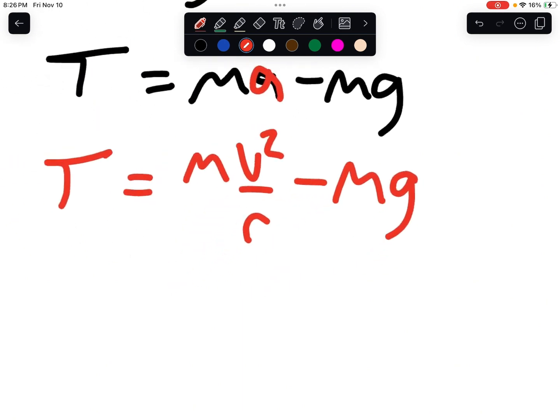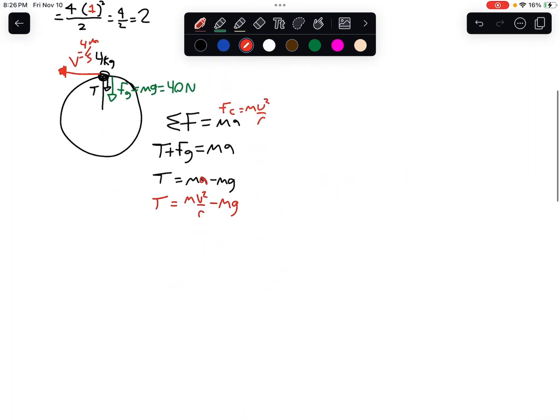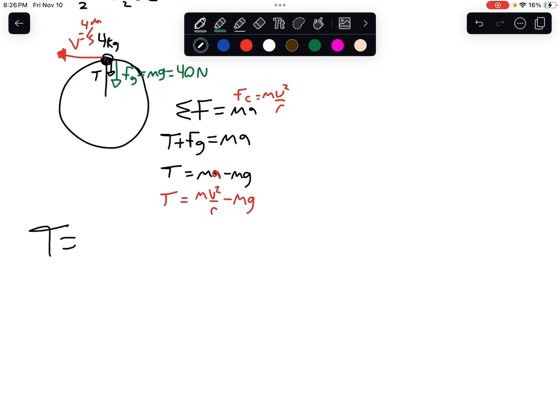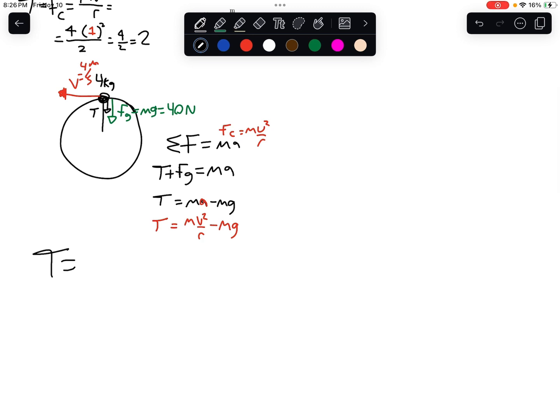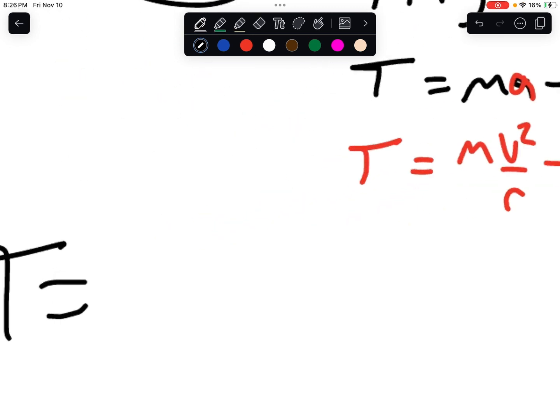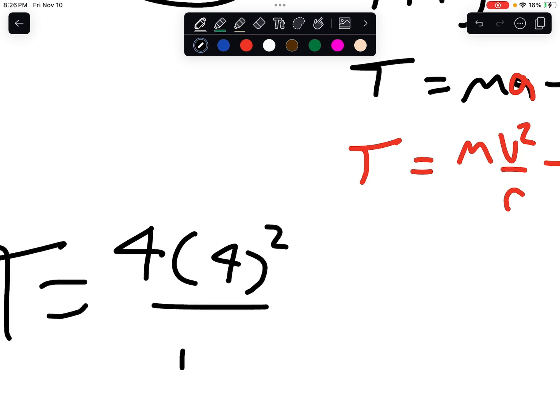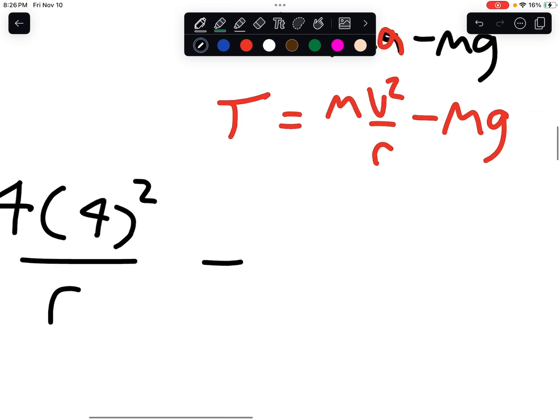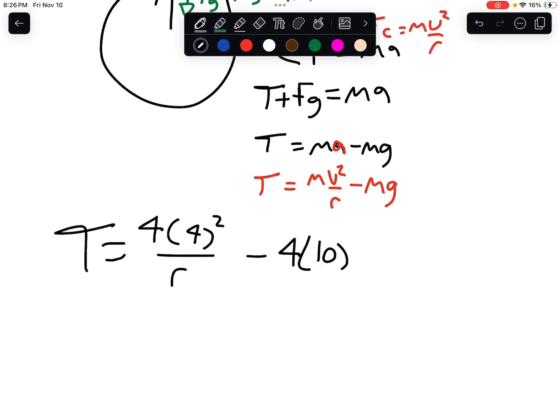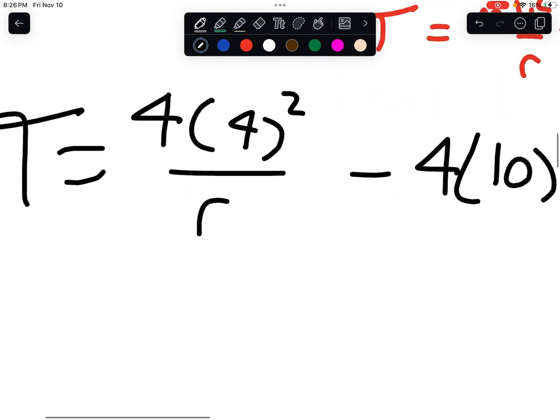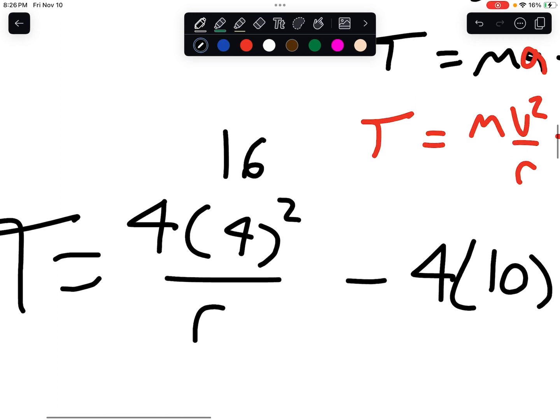Anyway, now that we've done that, we can plug in our values. Tension. So we want our mass. We've already done mv squared over r, but we'll do it again. 4 times 4 squared over r minus 4 times 10. This equals, 4 squared is 16, times 4 is 64, over 2 is 32.